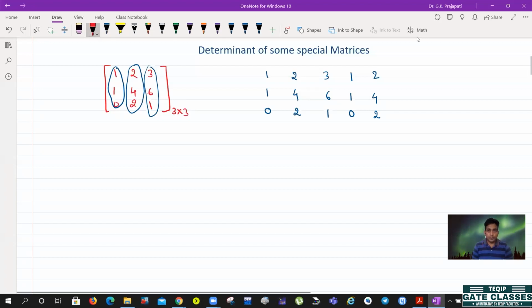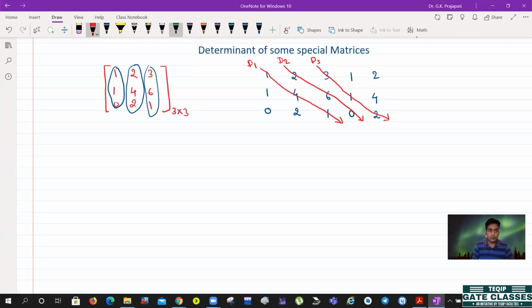Now we make a diagonal from the top left hand corner, and we call it D1, and the second diagonal is 2, 6, 0, and we call it D2, and the third diagonal is from 3, 1, and 2, and we call it D3.